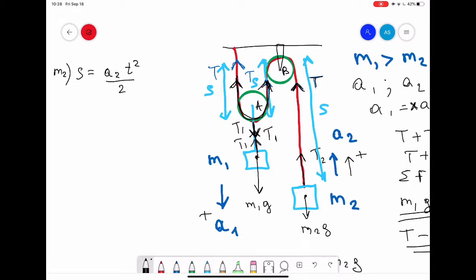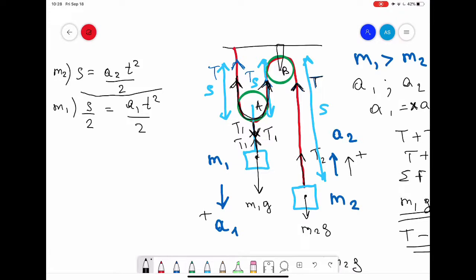Then what about for the mass 1? For the mass 1, the length is twice less, right? So that means you can say that S divided by 2 is equal to A1 T squared divided by 2. Okay, now if you divide the first by the second, then what will you get?